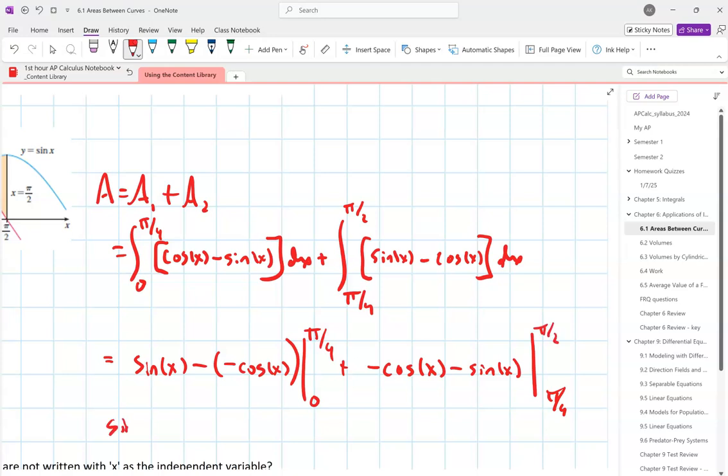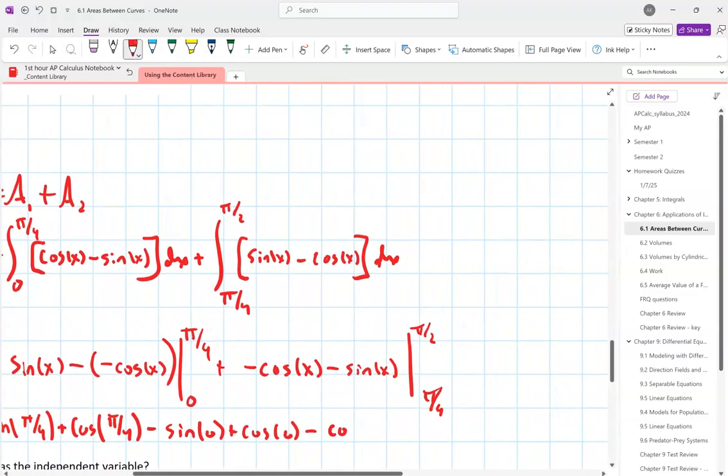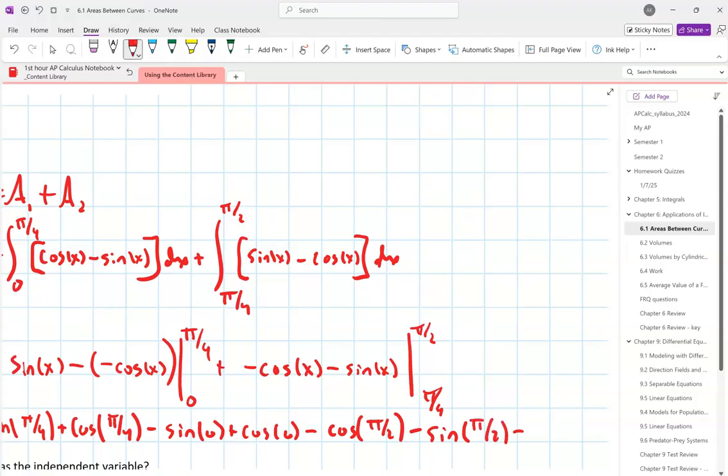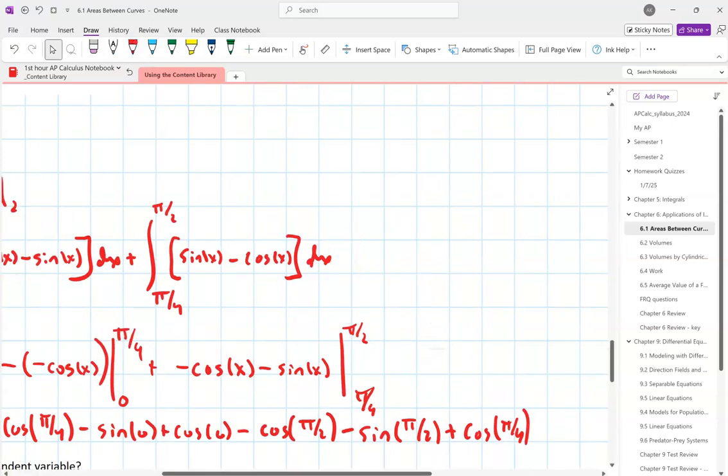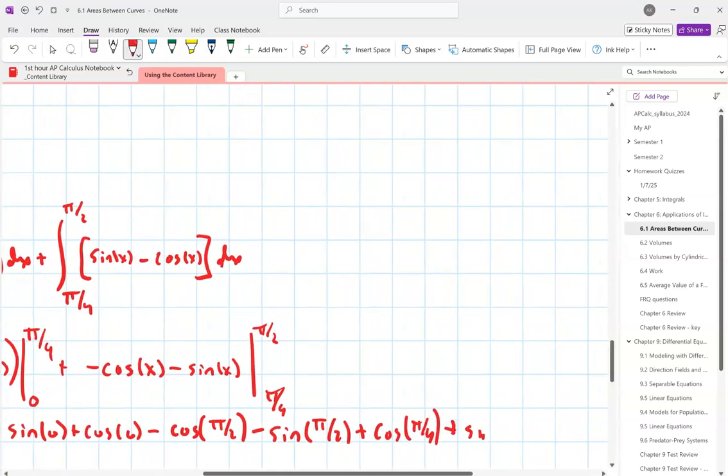So I'm going to have sine of pi over 4 plus cosine pi over 4 minus sine of 0 plus cosine of 0, minus cosine of pi over 2 minus sine pi over 2 plus cosine pi over 4 plus sine pi over 4.